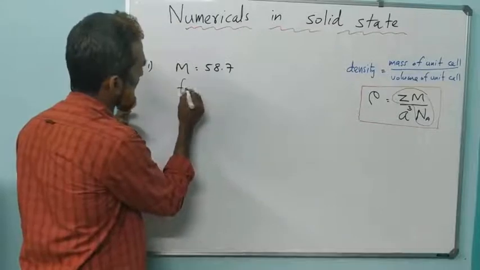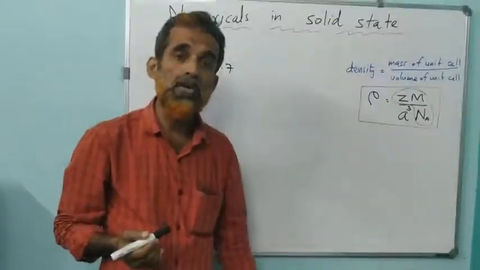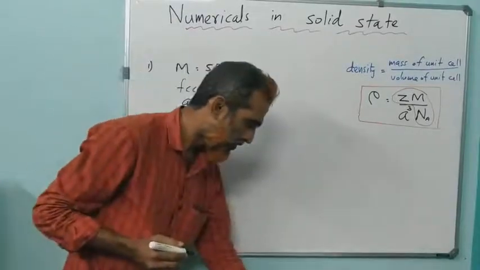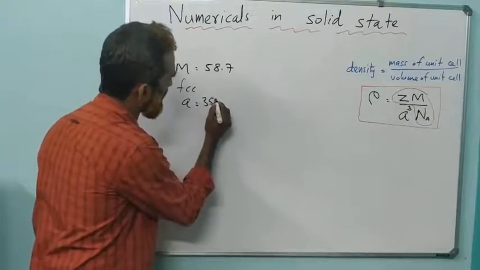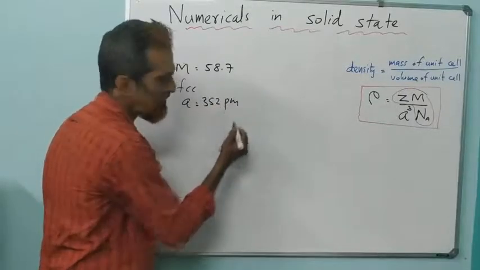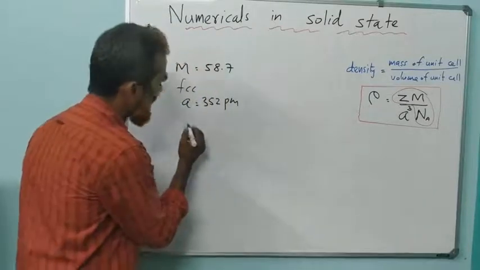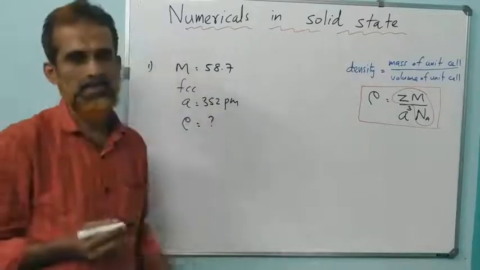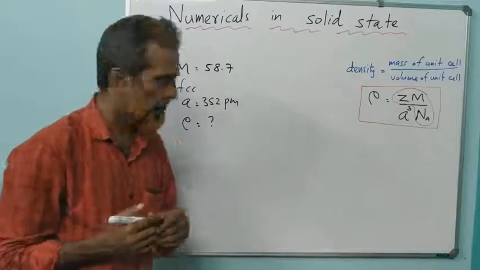It is said that it is FCC type of lattice, and the unit cell edge, that is a, is given as 352 picometer. 352 picometer is the edge length. Calculate the density. You have to find the density rho. Okay, so the density of nickel crystal is to be calculated.